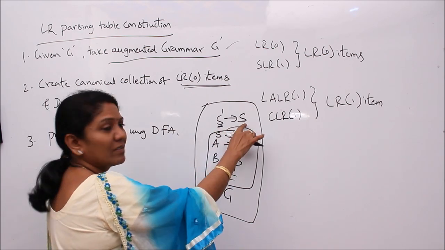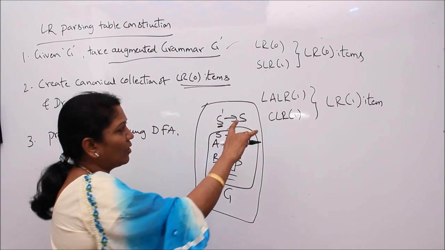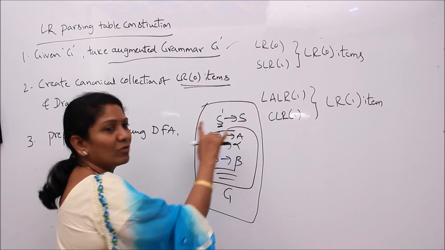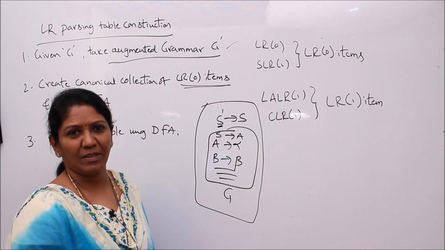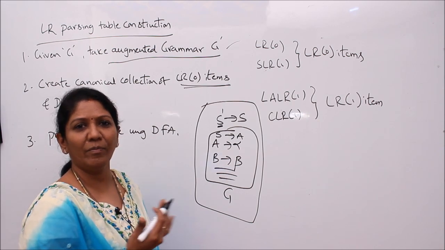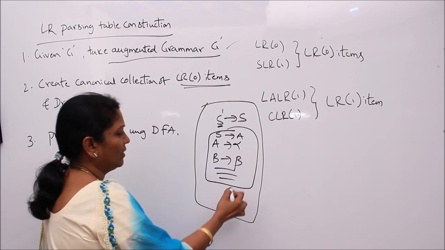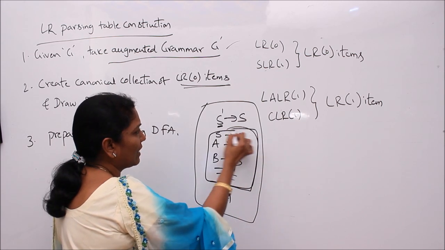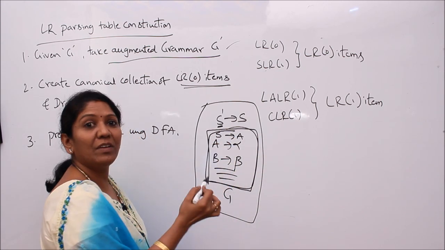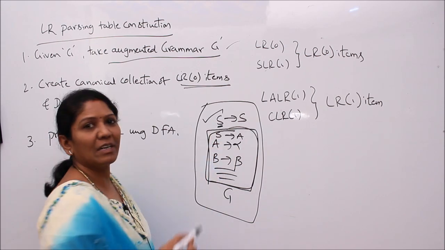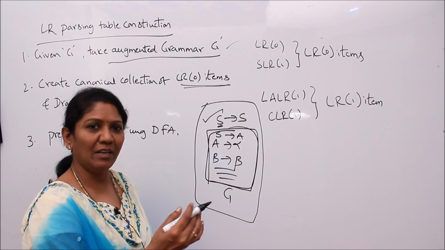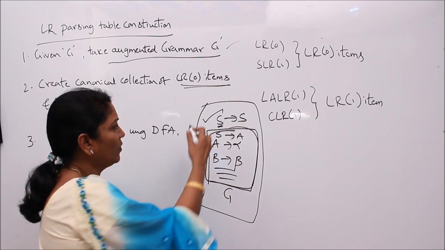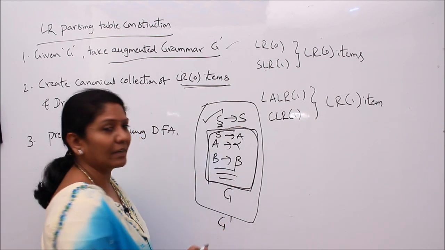Simply, S was earlier my start symbol. Now I want to change the start symbol from S to S dash. So I simply added S dash to S, a unit production, just for changing the start symbol from S to S dash. Now the original grammar G with this augmented production S dash to S, since we have added or augmented a production, we call this grammar as augmented grammar G dash.